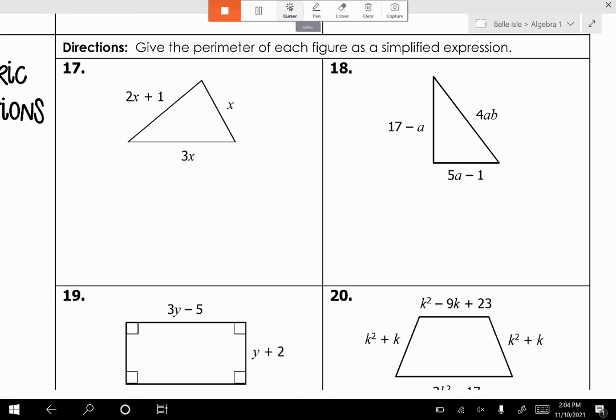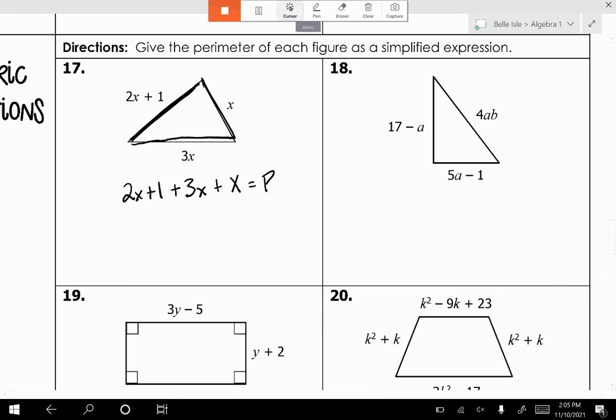So we have this side, 2x plus 1, plus this side, which is just 3x, and then plus this final side, which is x. That's going to equal the perimeter.